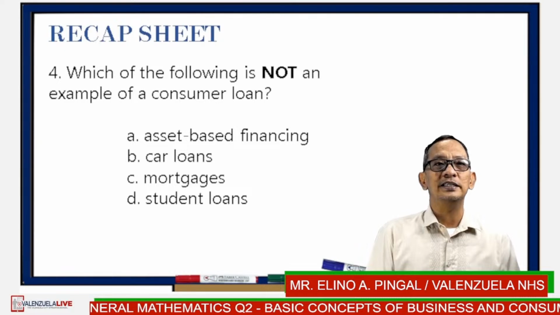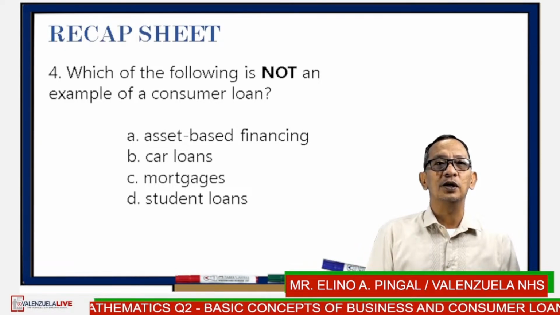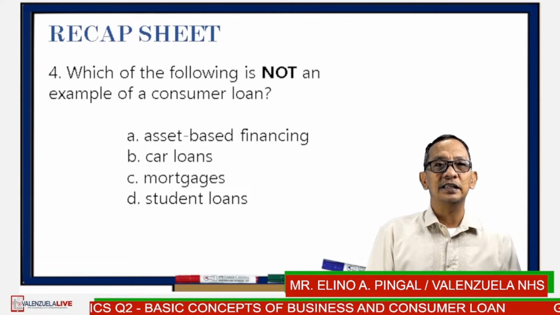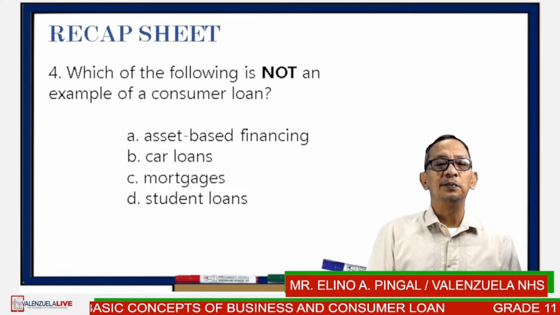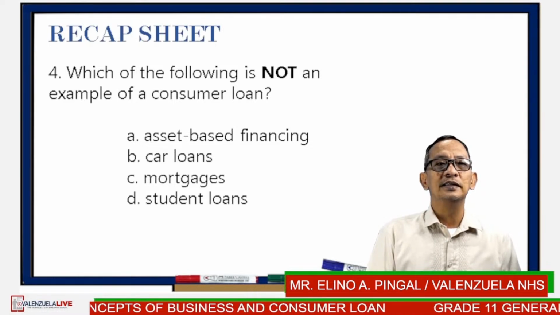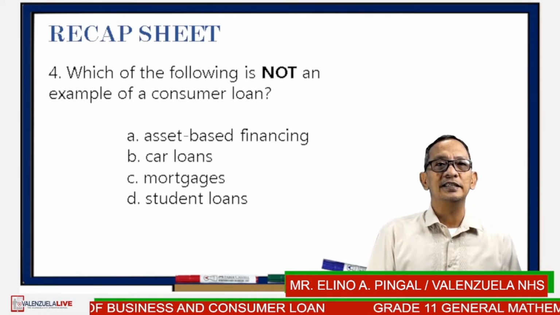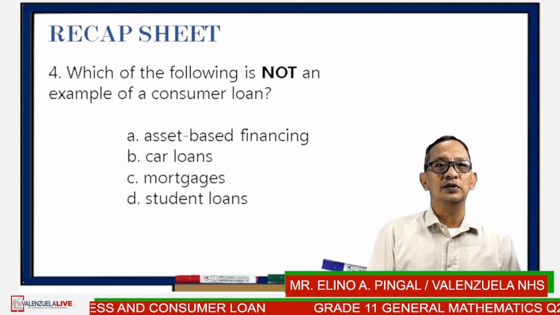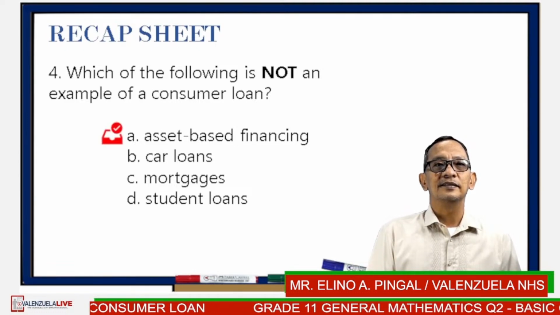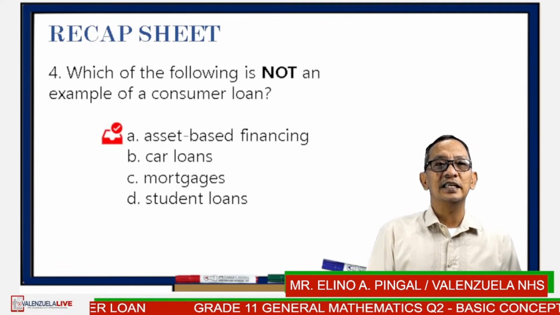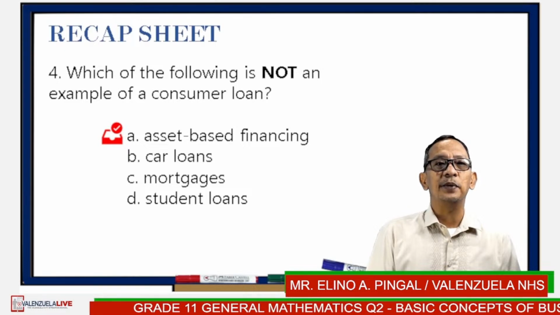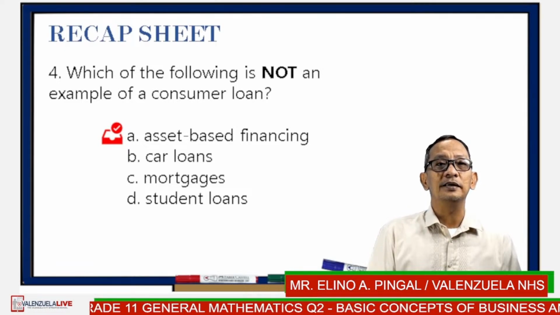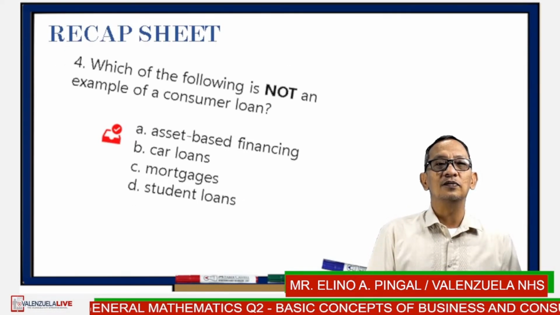Which of the following is not an example of a consumer loan? A, asset-based financing, B, car loans, C, mortgages, D, student loans. The correct answer is asset-based financing. Asset-based financing is a type of business loan.